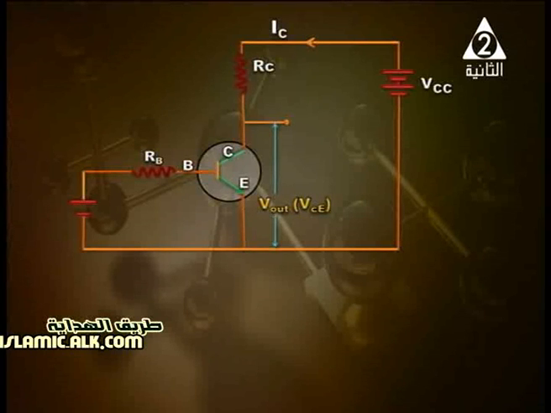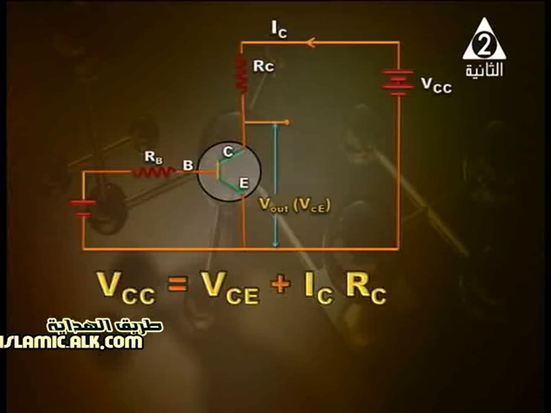Is it connected to a positive voltage? If it is connected to a suitable positive voltage, a current passes through the base and a current flows through the collector.